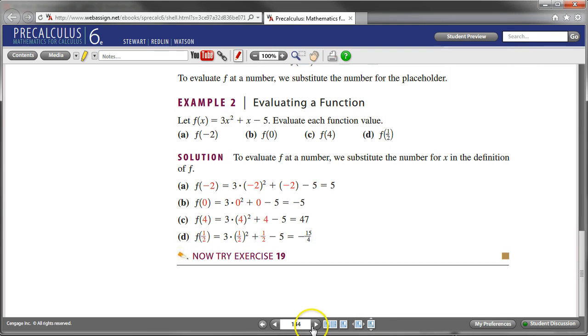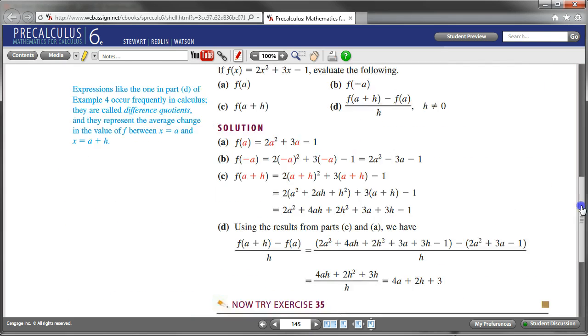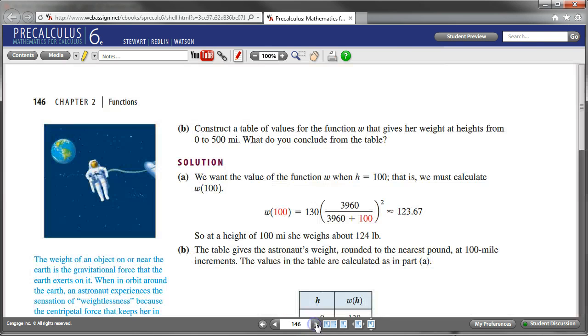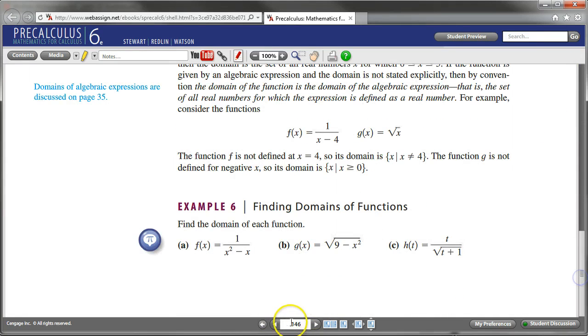And how to get a function and then how to calculate, those kinds of things are discussed here. And then in some cases you'll have to find the domain of a function where the domain is not explicitly given. In that case, there are three things to remember. Denominator cannot be 0. So here in this example, f of x in the center of the screen, we have 1 over x minus 4, right?